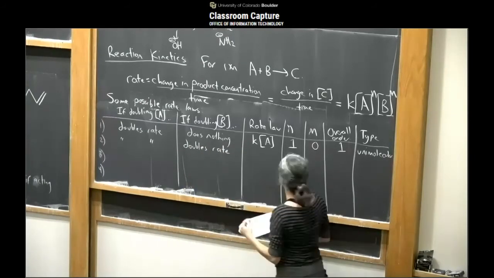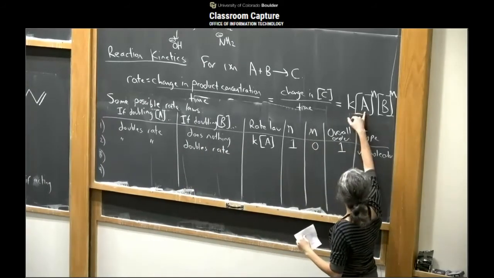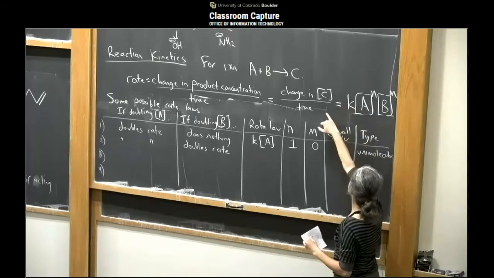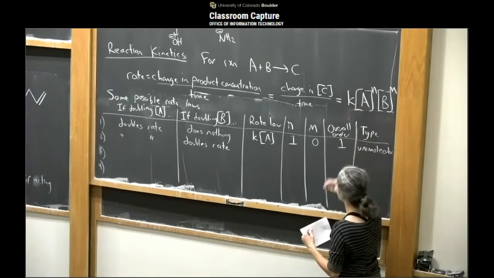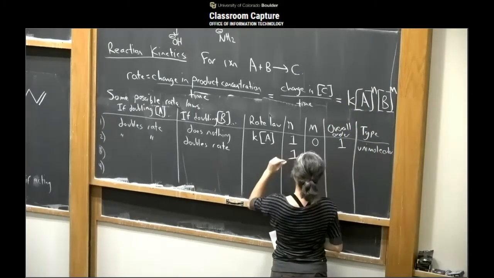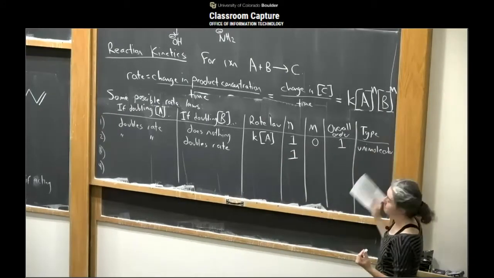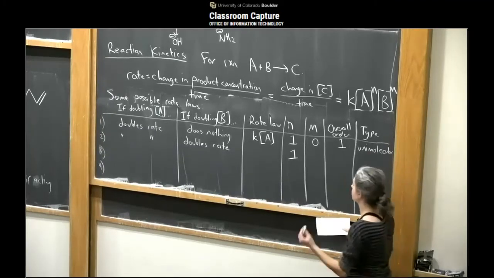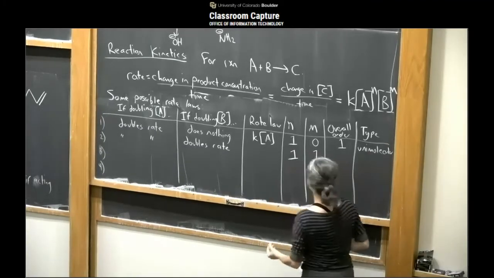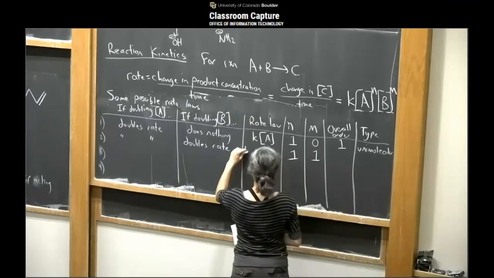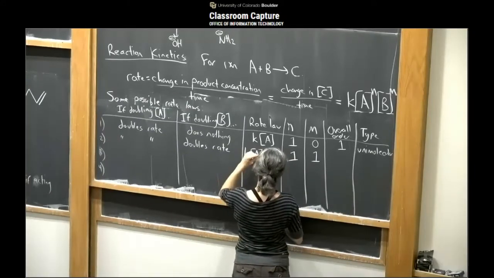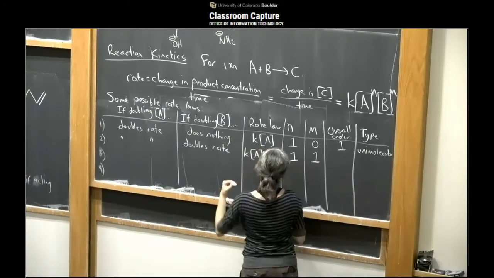That's telling us that the rate scales proportionately to the concentration of A. So N is going to be 1. M is also going to be 1 because B is now proportionate to the rate. So that's 1 and 1, which gives us a rate law of K[A][B].